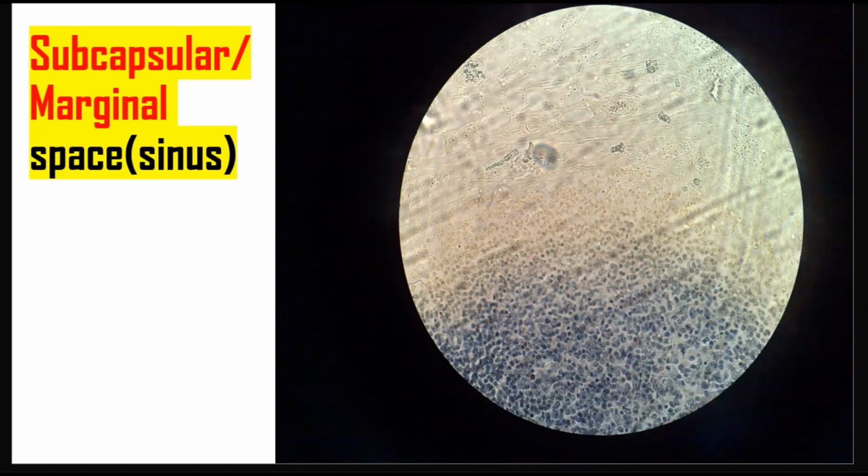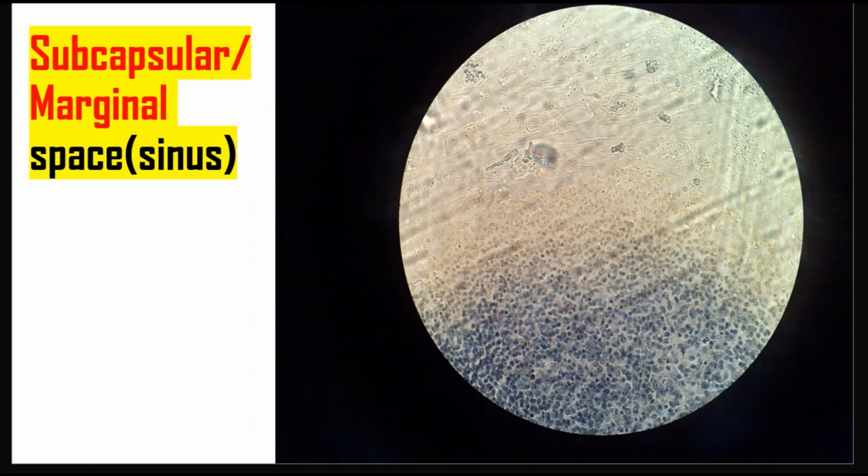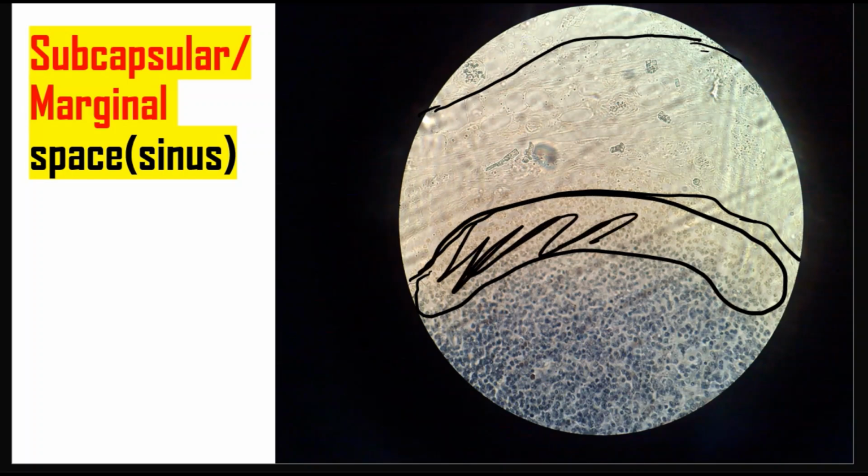So this is high power. It's supposed to show the subcapsular marginal sinus, but this diagram is not very clear. But if this is the capsule here, this space that I've shaded here is the subcapsular sinus.